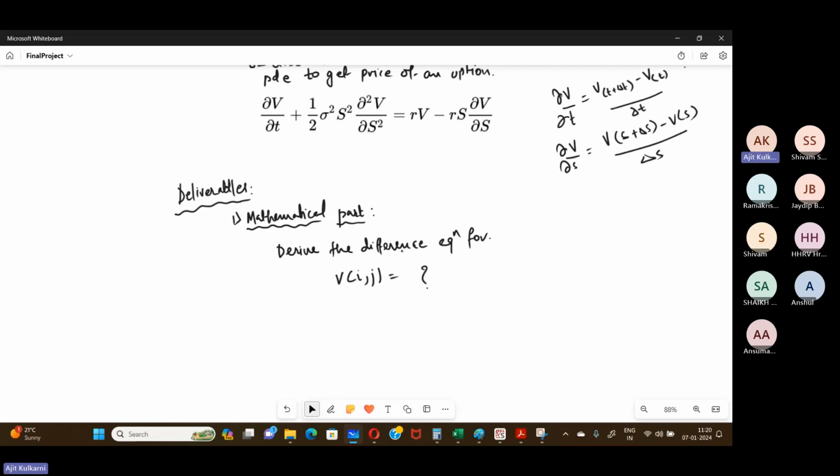Okay, so this is the first step. Okay, so show it. So show this difference equation in your Word doc or PDF, preferably in a Word doc. Okay, so in a Word doc.